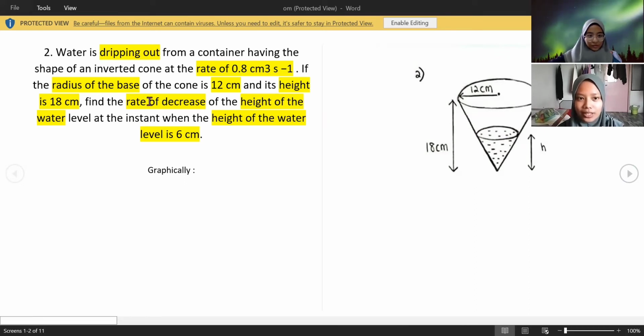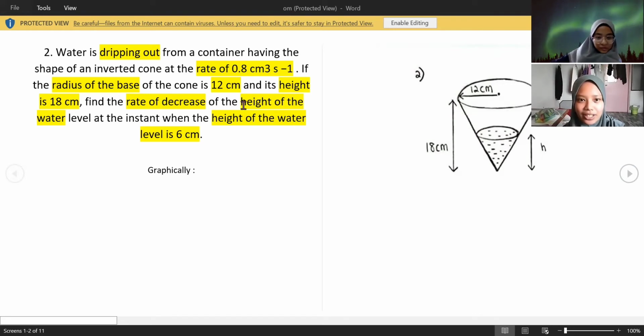Okay, so that is what we have to find. So it tells us about the rate of decrease of the height of the water level. So firstly, let's see what they give us, the keywords.